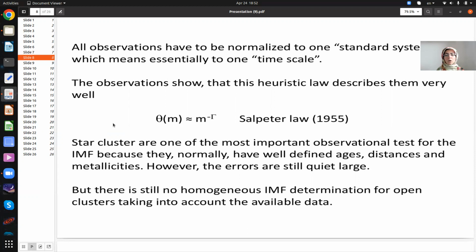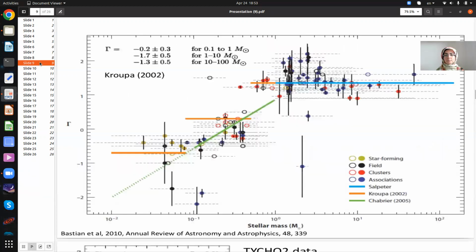Star clusters are one of the most important observational tests for the initial mass function because they normally have well-defined ages, distances, and metallicities. However, the errors are still quite large, and there is still no homogeneous initial mass function determination for open clusters taking into account the available data.